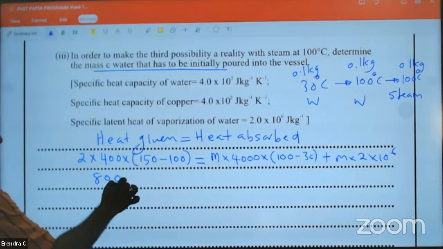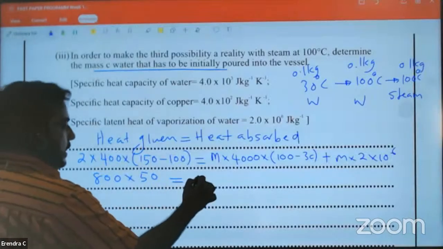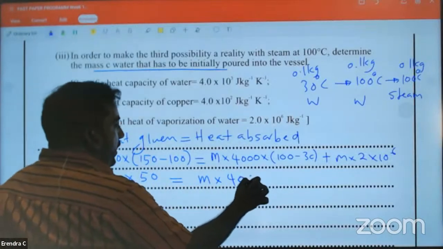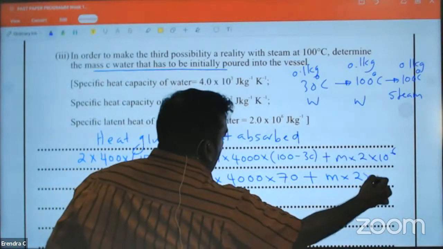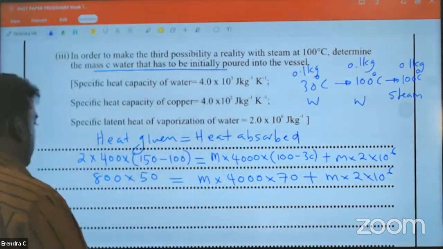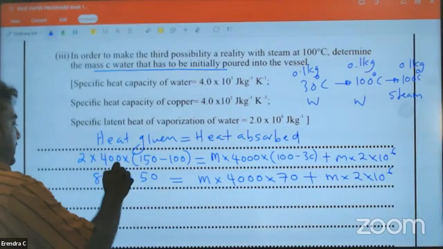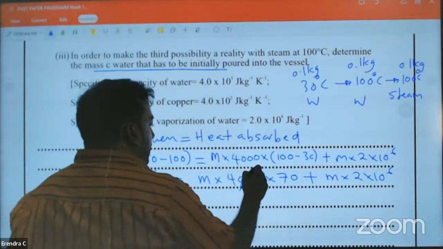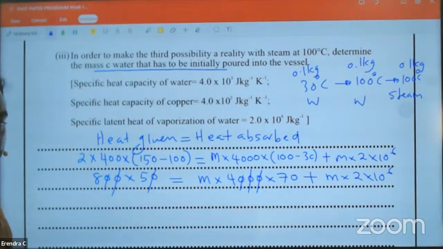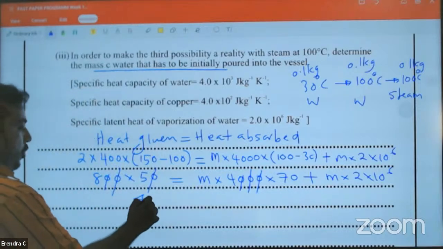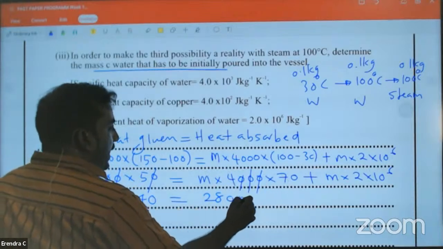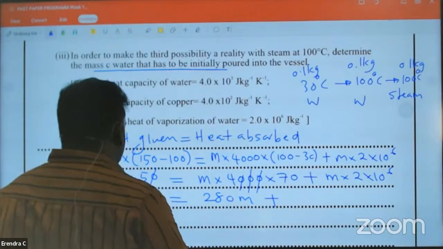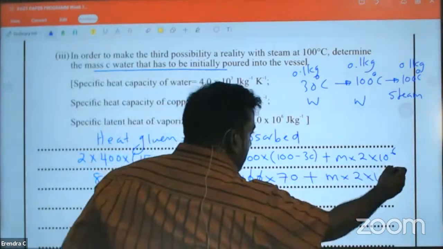Here 800 multiplied by 50. Here M, 4000 multiplied by 70. Here M, 2 10 to the power 6. Here you have 3 zeros, 1, 2, 3. Here 3 zeros, 1, 2, 3. Simplify this. 40 equals 280 M plus 3 zeros here means 3 zeros here.